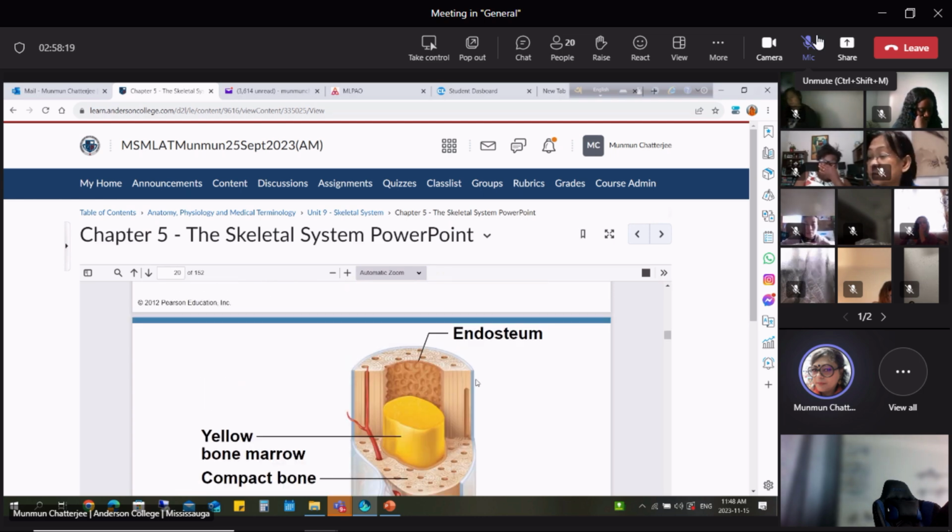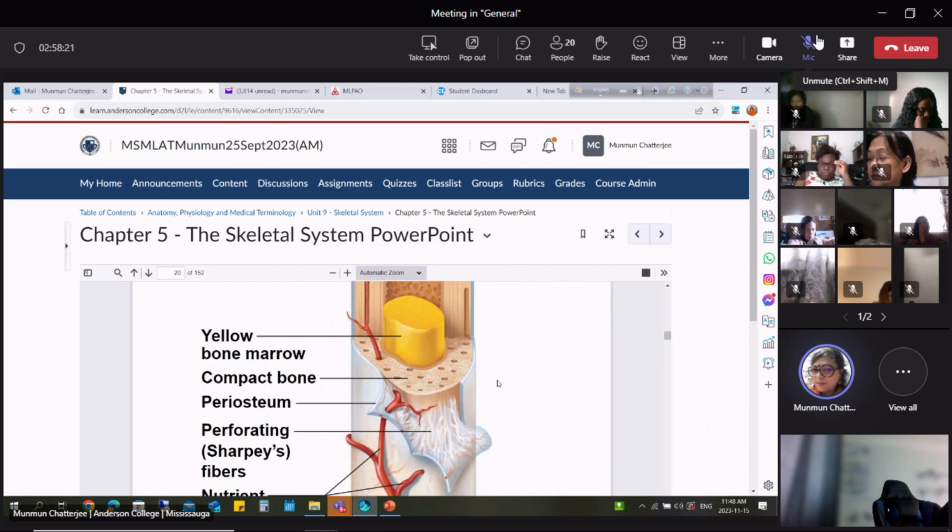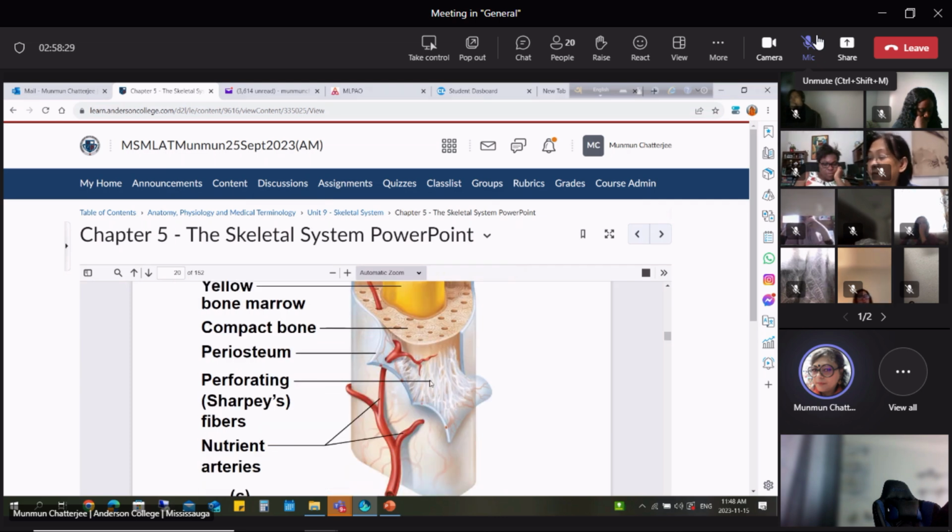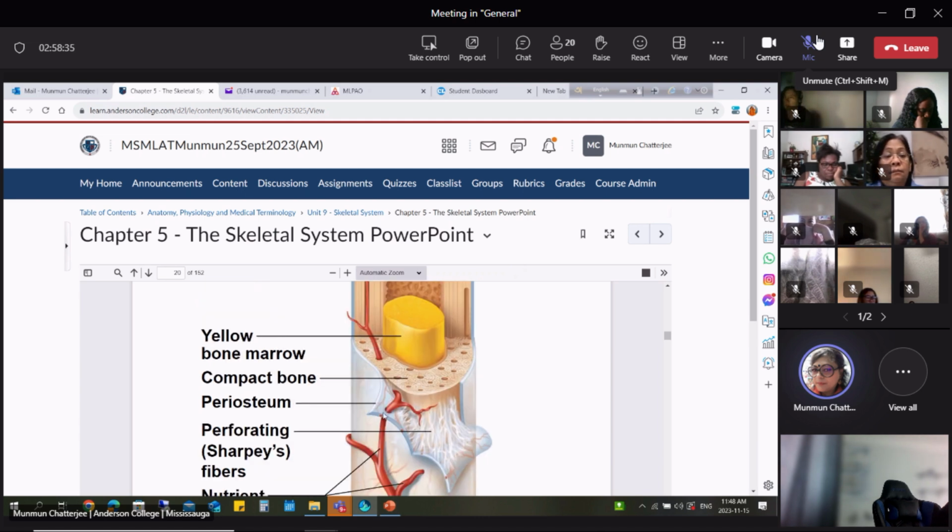So you can see the endosteum, how it looks. This is the outside covering, the periosteum. These are the fibers inside the periosteum. Here the artery and the blood supply come from the outside. Then you can see the hole. These are the perforating fibers covering this.